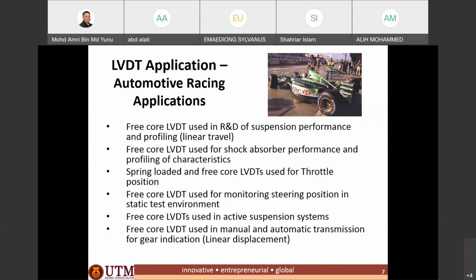So that is basically the application of LVDT, where it does not add any extra force when applied to the damping system. Because the movement of the core is smooth, there's no friction.